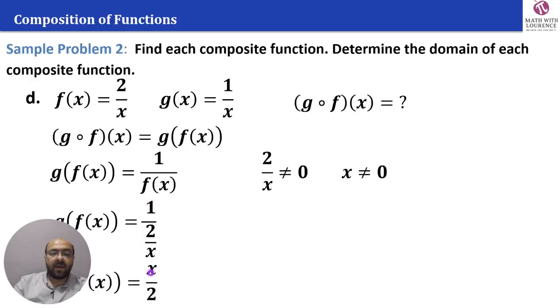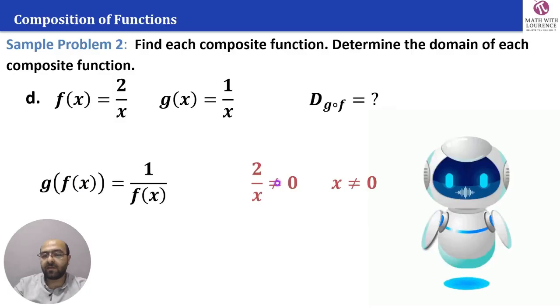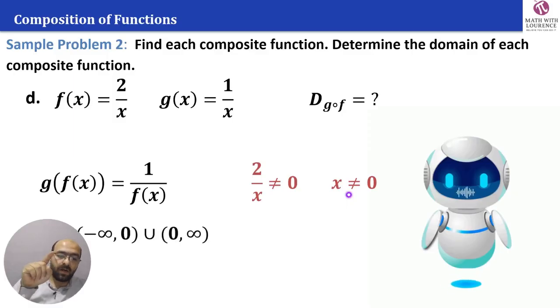Do we have any condition here? No, because in the denominator we have a number, not x, so this is not a fraction condition. The only condition is from 2 over x: x not equal 0. That means the domain is all of R except 0. We can write all R except 0, or from negative infinity until 0, and from 0 until positive infinity. Deal? Deal. Excellent.